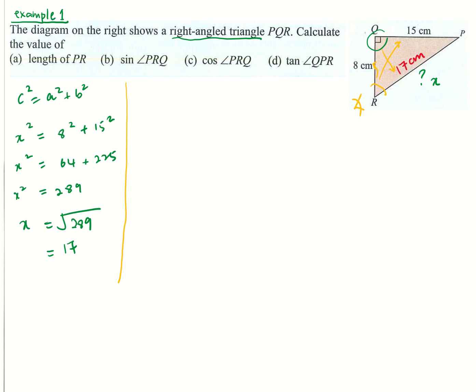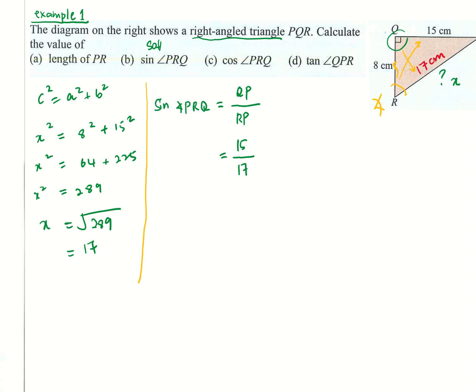So the formula for sin, we know, write as sin angle of PRQ equals opposite over hypotenuse. Opposite is QP, hypotenuse is RP. So the value of QP is 15 over RP, the value of RP is 17. So this is for question B.